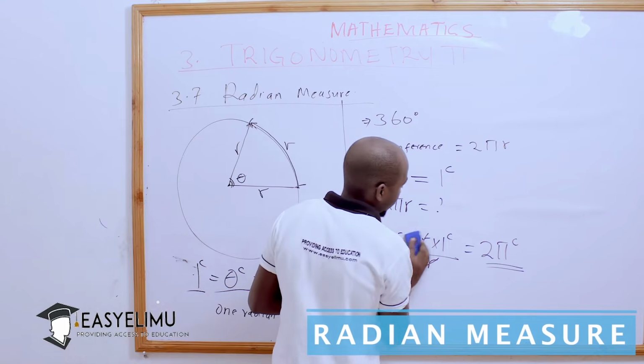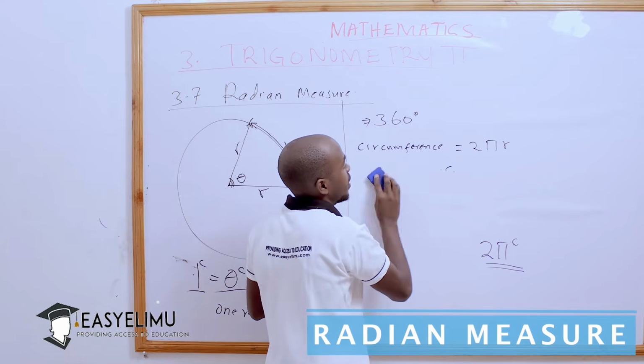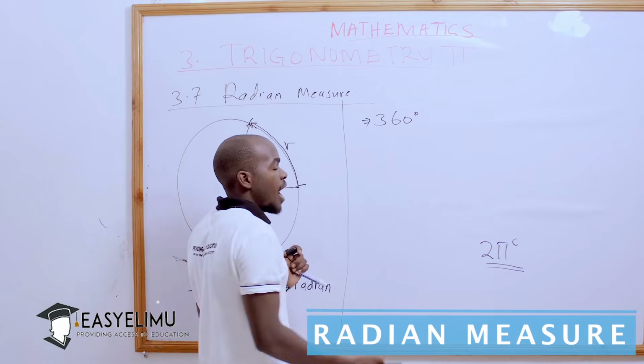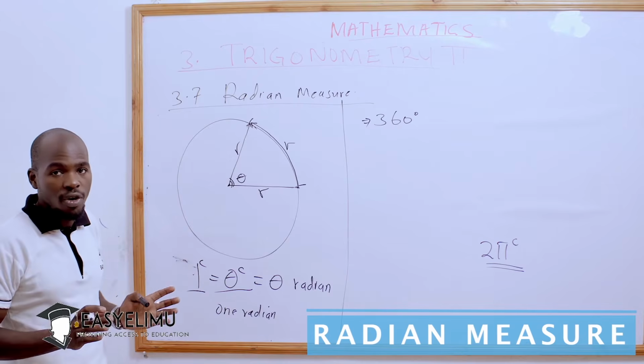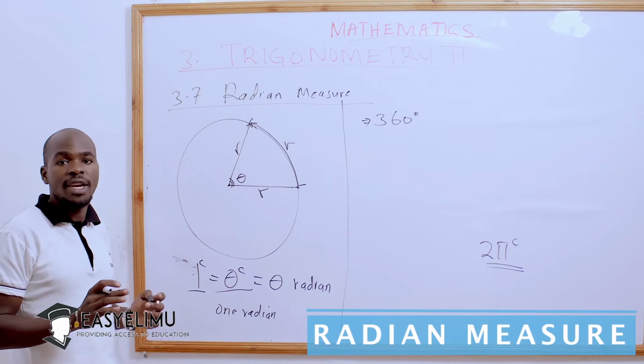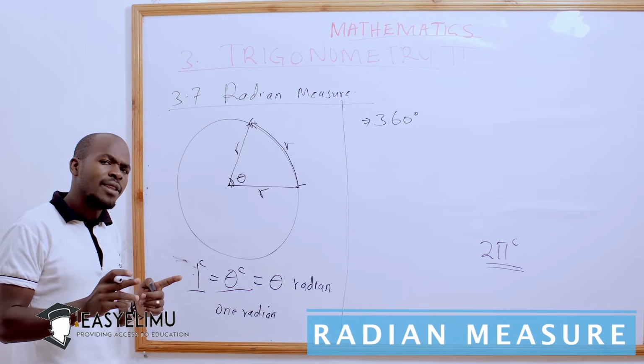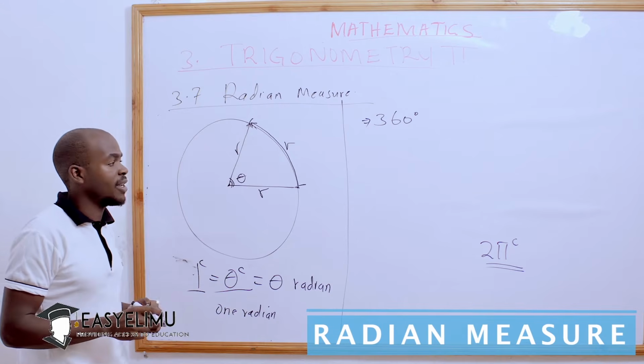So we shall say this. If the total of the angles in a circle adds to 360 degrees, what does 1 radian represent?